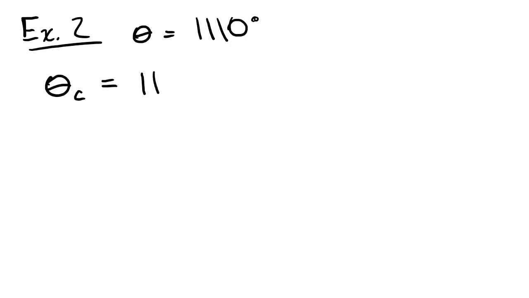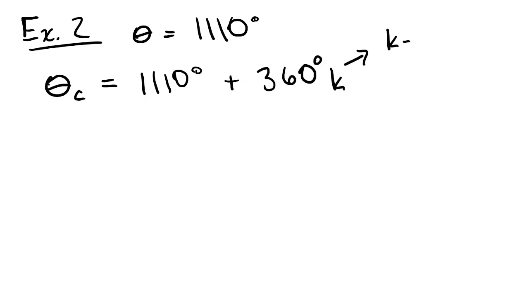So I'm just going to start this example by looking at the coterminal angle formula. We write 1,110 degrees plus 360 degrees times k, since this is in degrees instead of 2 pi. Now again we want to look at how much we have to make k in order to make this 1,110 be in the range from 0 to 360. You can use your calculator, or you can just look at it and guesstimate. It turns out that k is going to be negative 3.